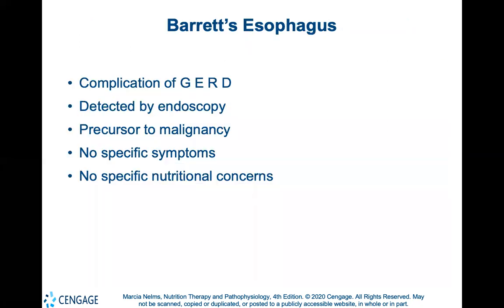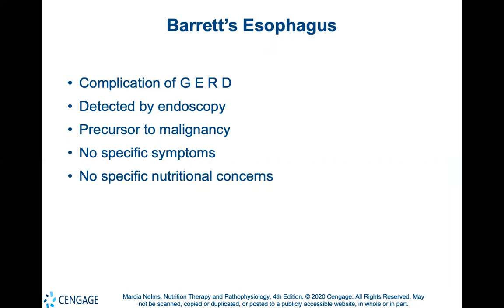Barrett esophagus involves a change in the epithelial cells of the esophageal mucosa and is usually considered a complication of GERD. Barrett esophagus is detected in approximately 10% of patients undergoing endoscopy for GERD. Patients with Barrett esophagus have been shown to have persistent abnormal pH monitoring results even on maximum pharmacological treatment.